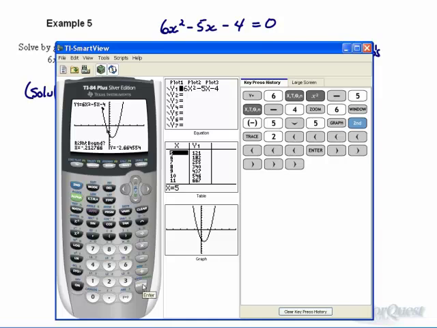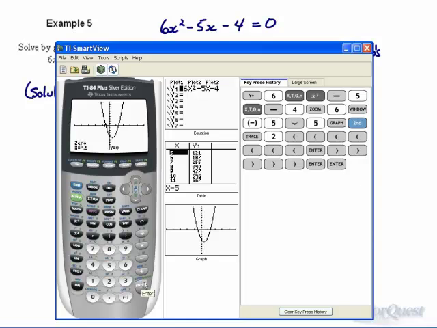How much you cross doesn't matter. You have to cross. If you don't cross the 0, then the calculator can't give you a value. So now that you've got left and right, at the guess, just enter one more time.